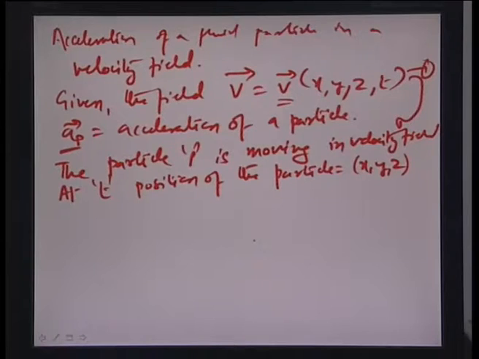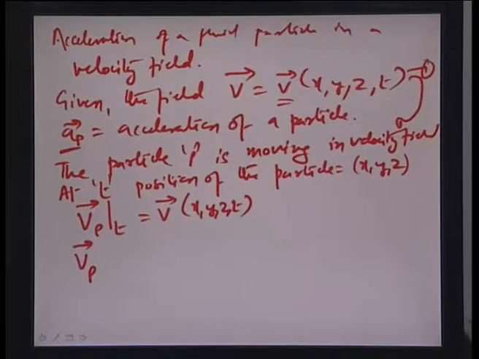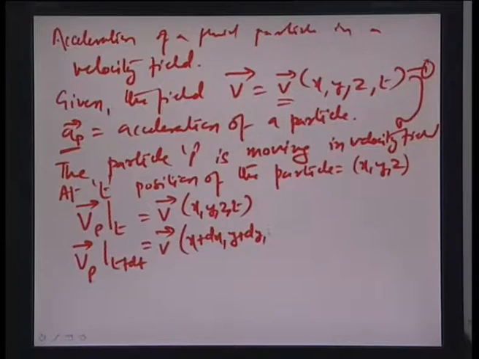And this particle has a corresponding velocity at that point in space at time t, which is represented by Vp at t equals V(x, y, z, t). Let us say it has a velocity at t plus dt which is represented as V(x plus dx, y plus dy, z plus dz, t plus dt), alright.